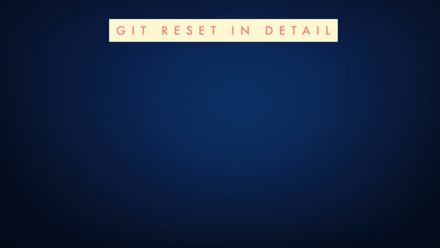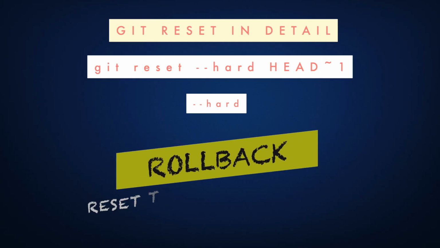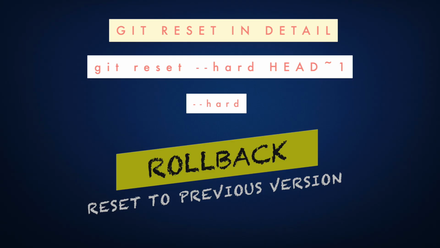Now the second flag is called the hyphen hyphen hard flag. The command is git reset --hard HEAD~1. What this hard flag means is that whenever you are rolling back a version, whatever changes I made in the current version, you remove all of it and reset to the previous version.